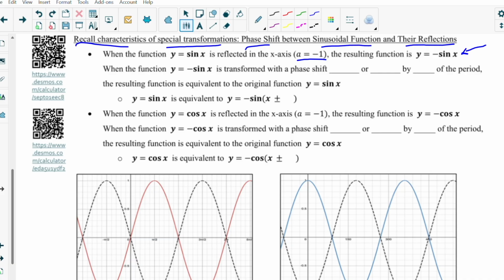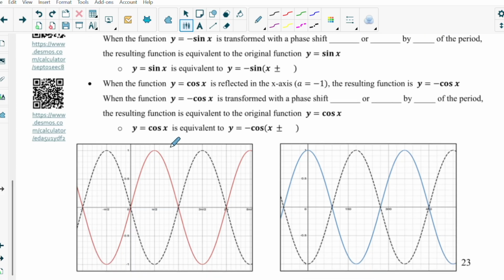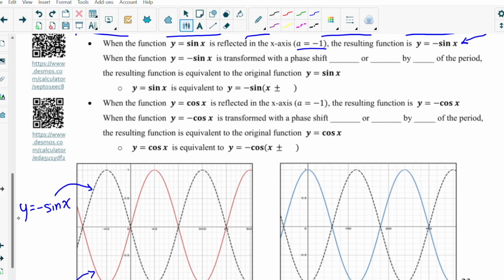The graph we are talking about here, this red function is y equals sine of x, and when we have an a value equals negative 1, we reflect it, so this is y equals negative sine of x.